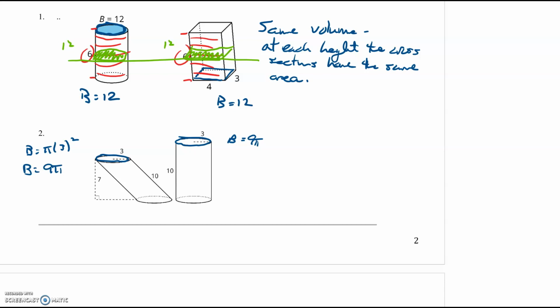Let's look at the heights. Well, the height of the cylinder on the left is 7 units. So I have 7 of those 9 pi bases stacked up. However, on the right-hand side, notice I have a height of 10. So this has more of those 9 pi area bases, so these volumes will not be the same. So here we're going to have different volumes.